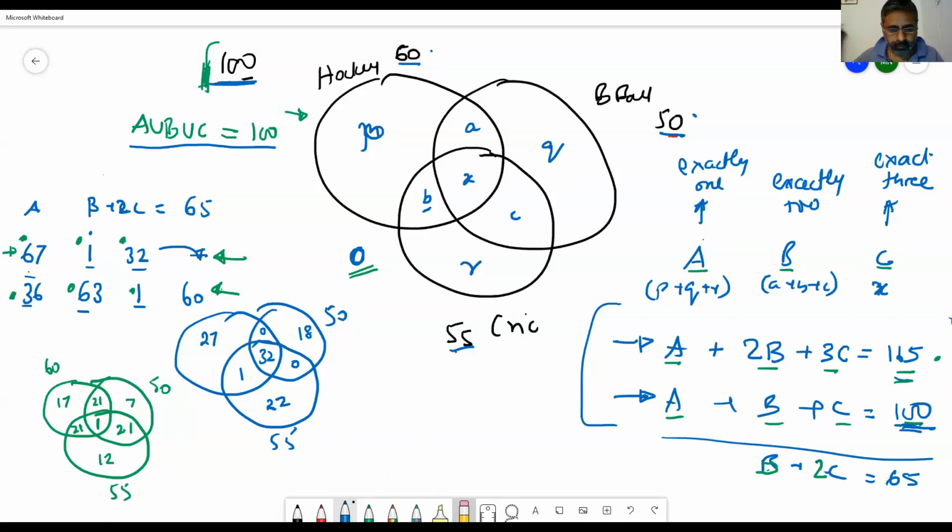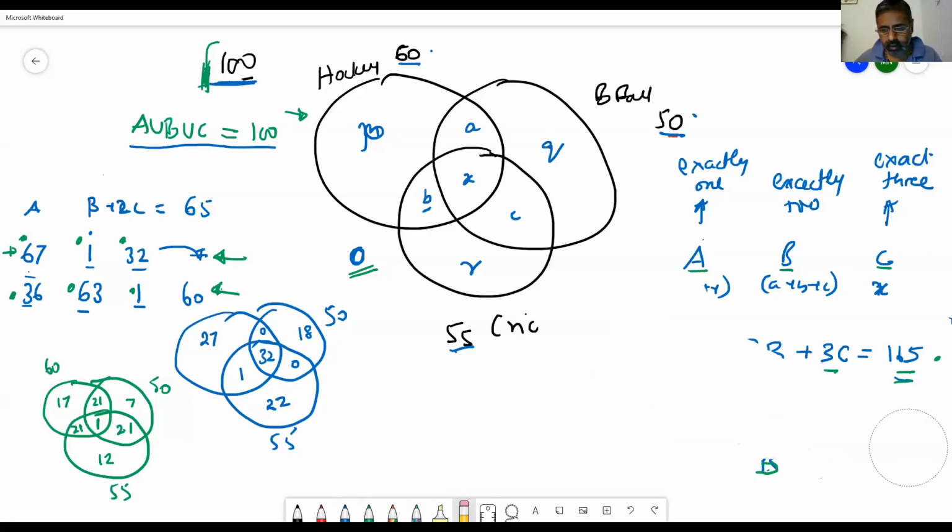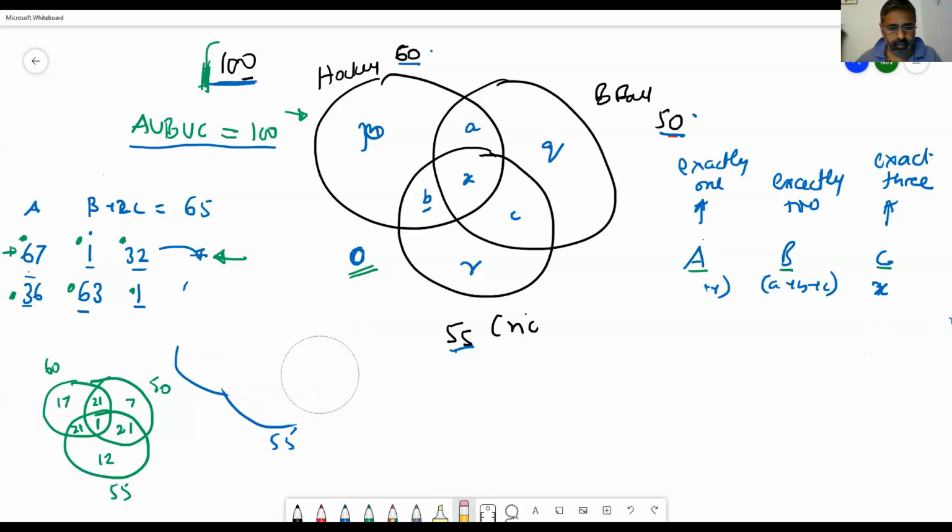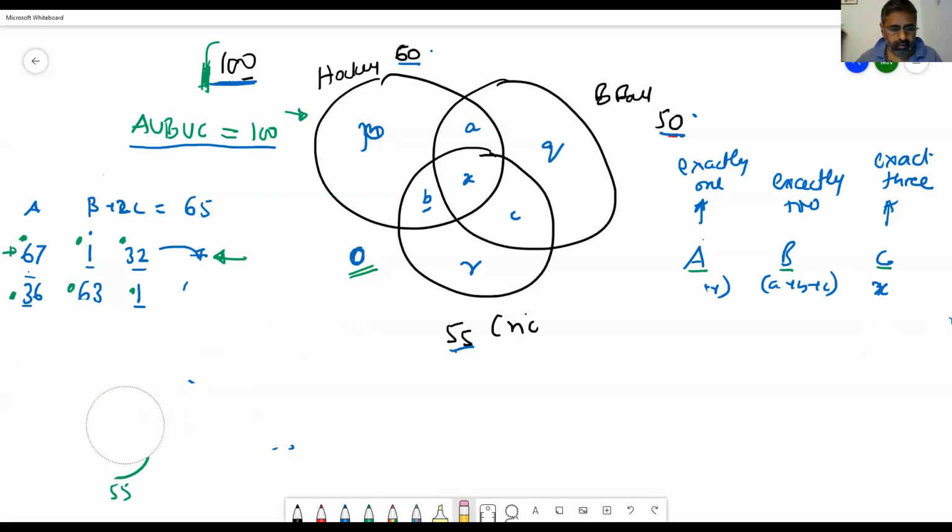Right now, I'm going to make it complex. I'm going to remove that condition of 100. Okay. Now, how do you go about doing it? For this, I'm taking a totally different approach to this whole thing.